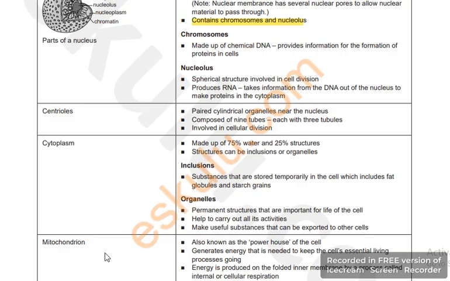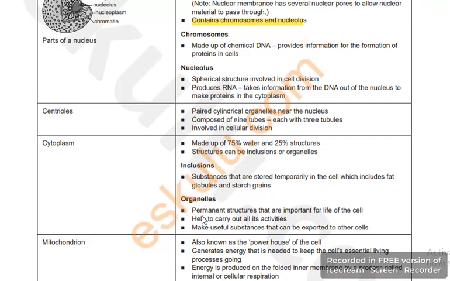The cytoplasm is part of the cell. Cytoplasm is made up of 75% water and 25% structures. Structures can be inclusions or organelles. Inclusions are substances that are stored temporarily in the cell, which include fat globules and starch grains.